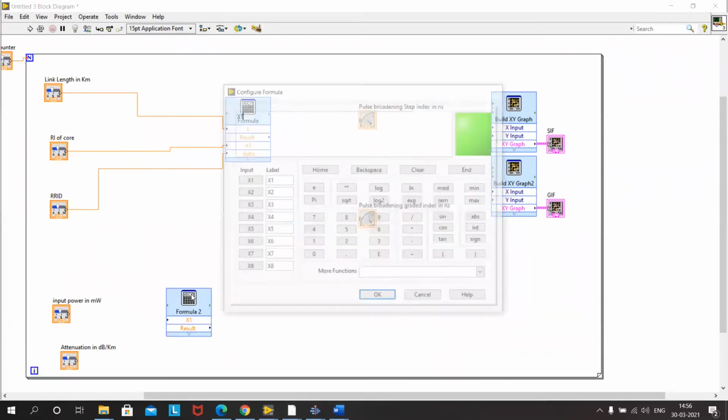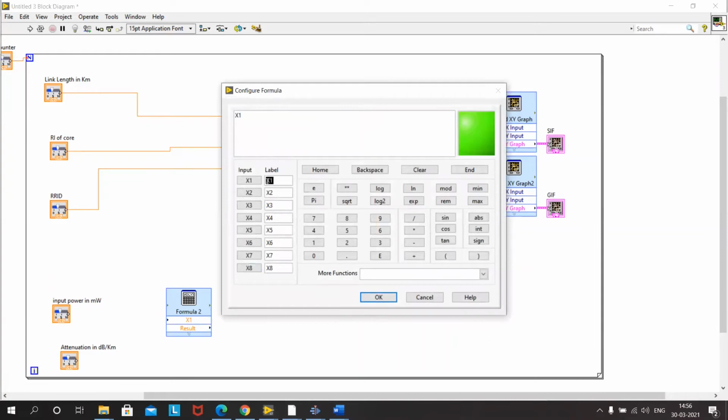We need the link length and attenuation alpha, and the value is 10 to the power of minus alpha L by 10 into Pi.